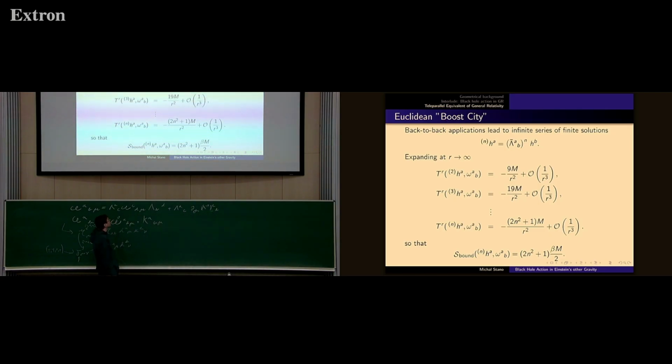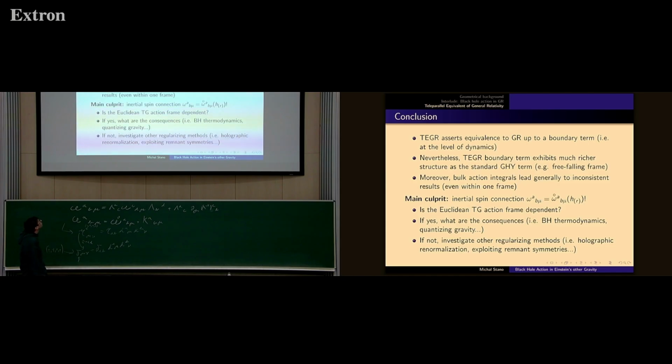So what is going on? Let me just summarize what we've been talking about so far. In teleparallel gravity, we asserted the equivalence to GR up to a boundary term. In this way, we obtained a theory that was equivalent to GR at the level of dynamics. However, as we all know, evaluating the action is not that simple, and we need to really take care of these total derivative terms properly.